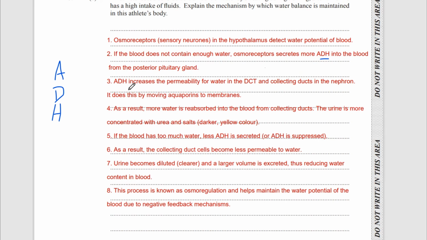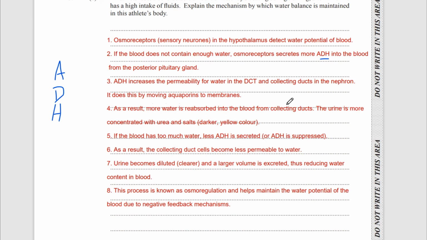So what it does is that it moves aquaporins to the membranes. Aquaporins, if you remember, are transport proteins specific to water. So this basically creates a bunch of water tunnels in the collecting duct so that water could spill back into the blood. So as a result, more water is reabsorbed into the blood from the collecting ducts.